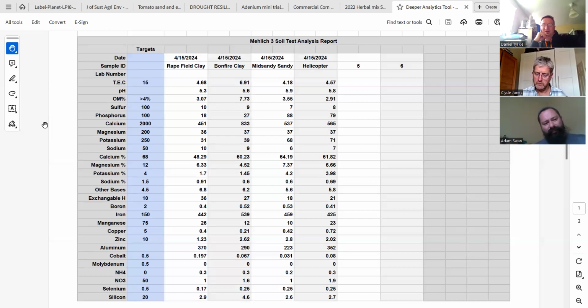Are you actually thinking of the exchangeable pools or the available pools, not the total pools of carbon and nitrogen? Yeah, what's available? It's here, isn't it? As estimated nitrogen release, N per acre. That's based off the organic matter.